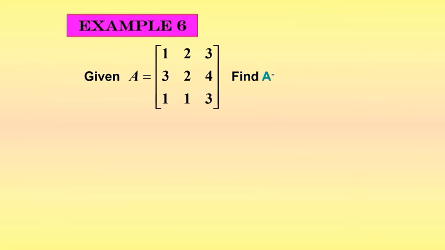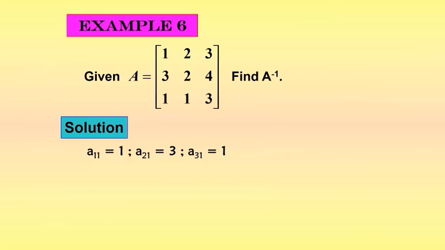Example 6. Given A, find A inverse. In order to find the inverse, we have to decide which row or column that we want to use. For example, in this solution, I choose to use the first column.